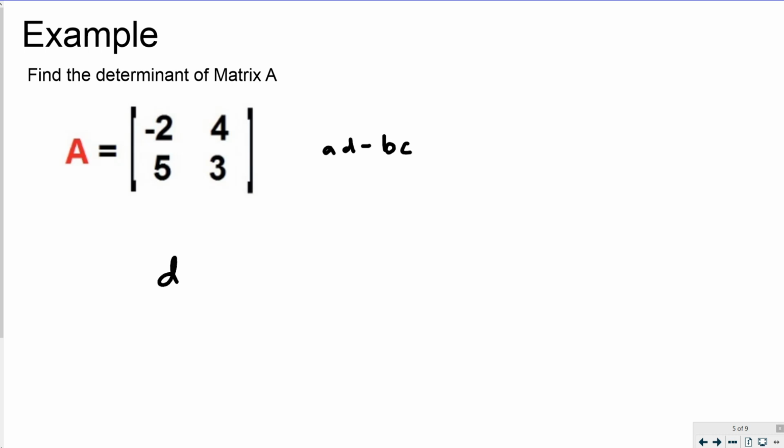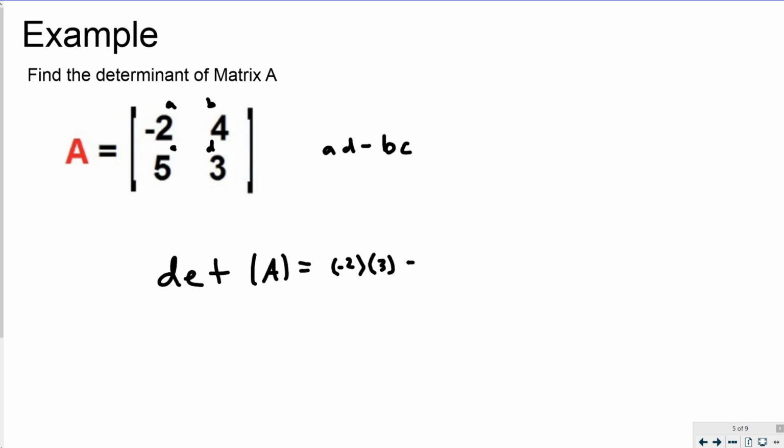So the determinant of A is going to be element A, which is -2, times element D, which is 3, because this is A, B, C, and D, if that's not clear.